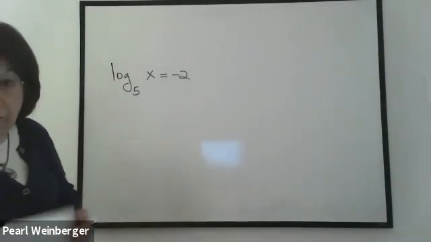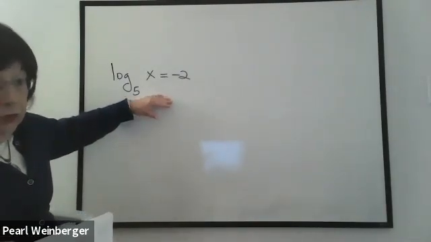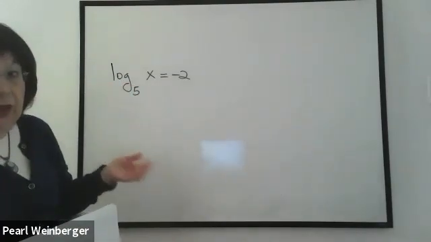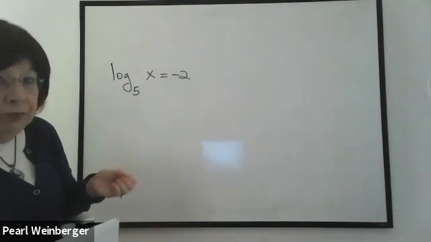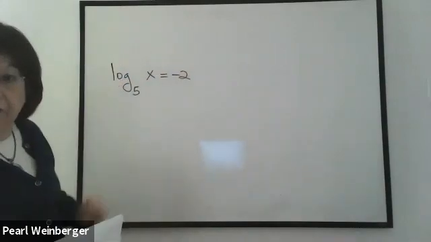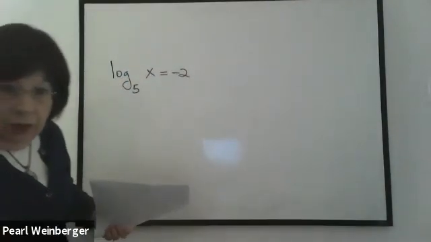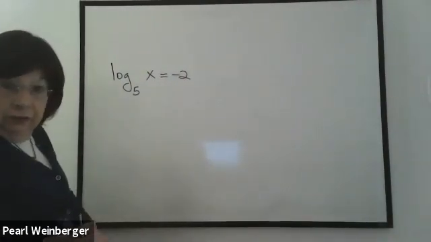Basic rule, when you have a logarithmic equation or any logarithmic expression in which you have a variable, it's always going to be easier to understand if you can put this equation that's written in log form in exponential form. In exponential form, what is our base?